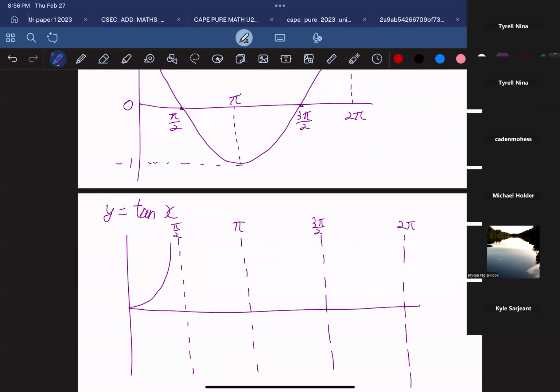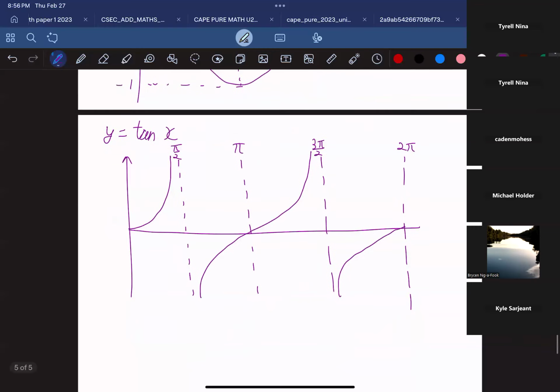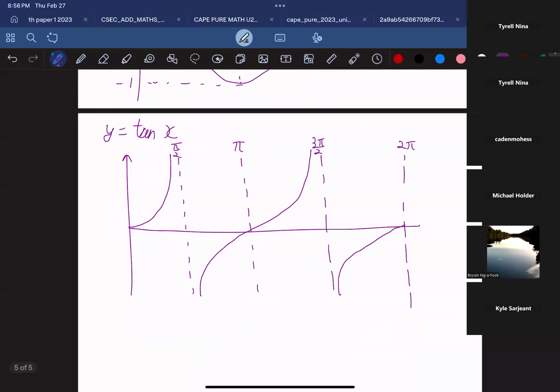It goes like that, then like that, then like that. So notice here it has no values on the side here, right? So it goes to infinity and then back down to minus infinity and so on.